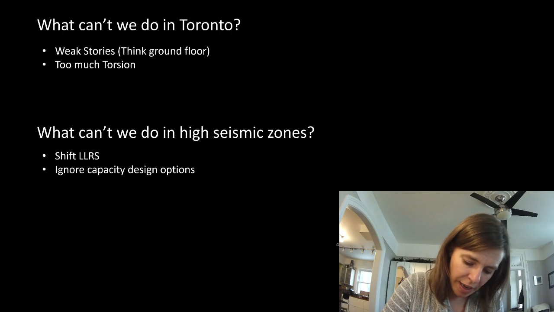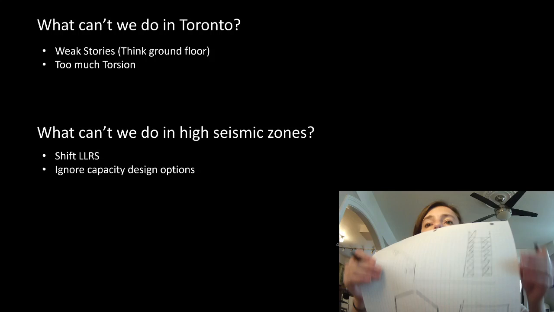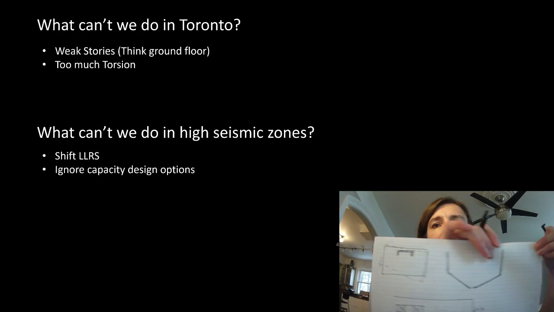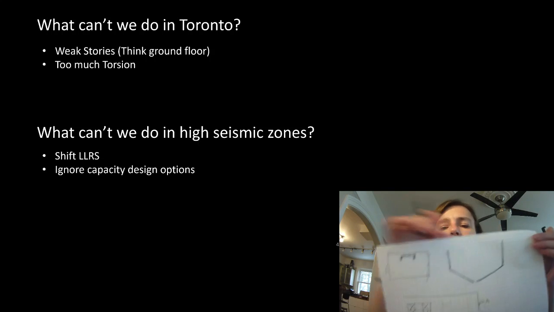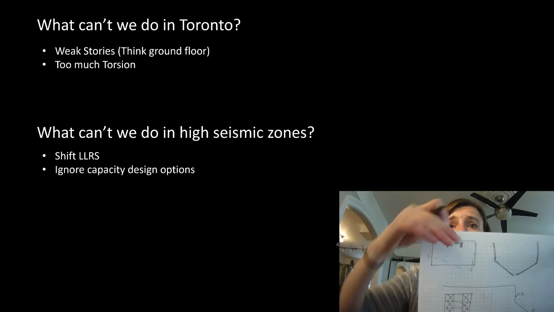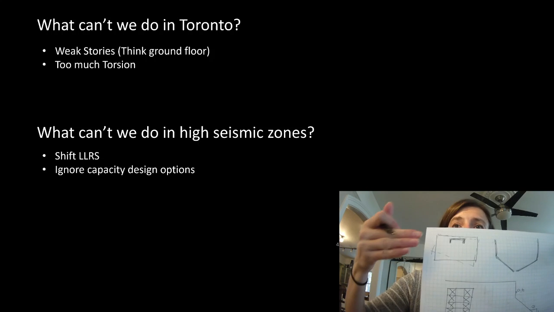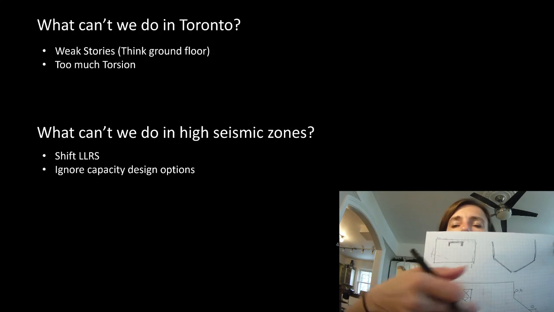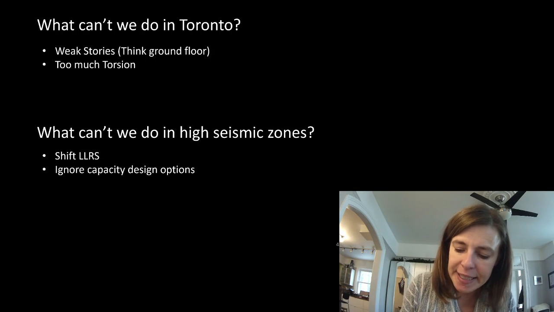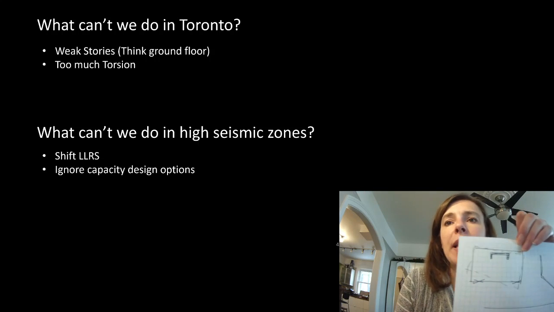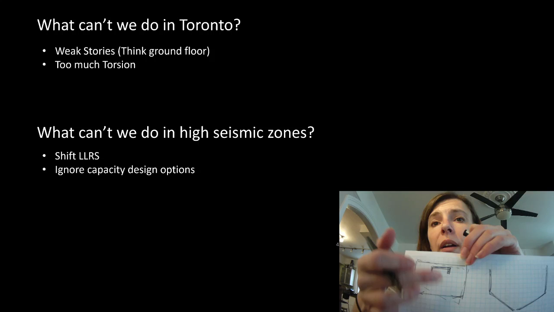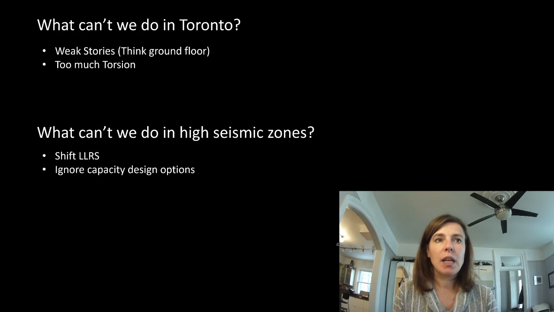It might be strong enough, but the center of rigidity of our building isn't at the center. So it's in the center in one direction, but not in this direction. So even in this direction, our building would have a tendency to twist. So for something like that, we might need to add some braced frames out there, even though we didn't need it for strength, because that wall was strong enough, we might need it for torsion.